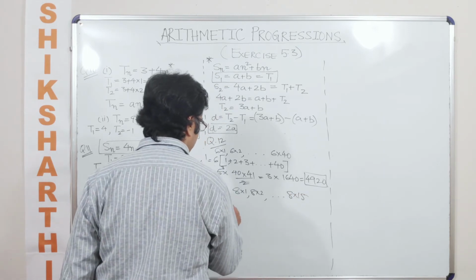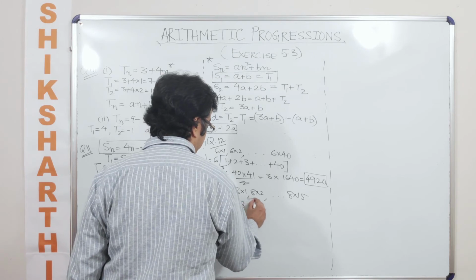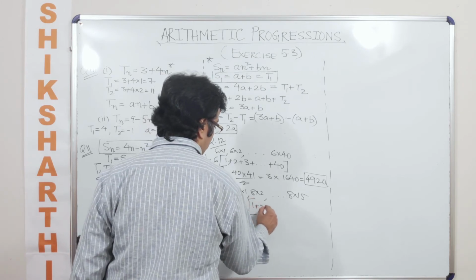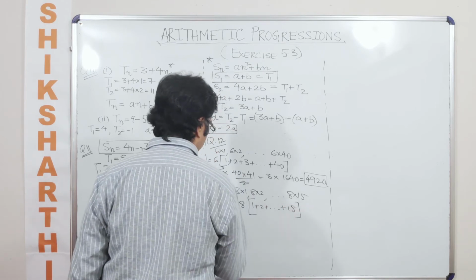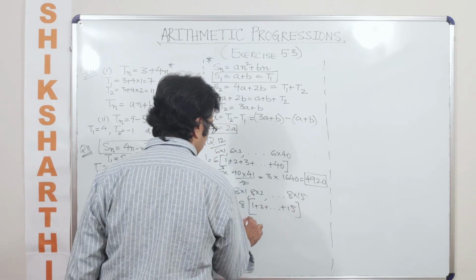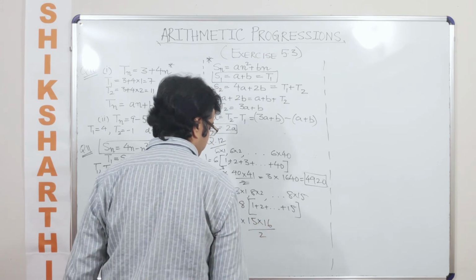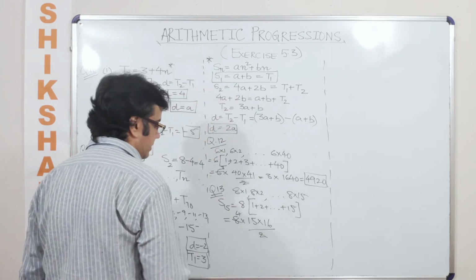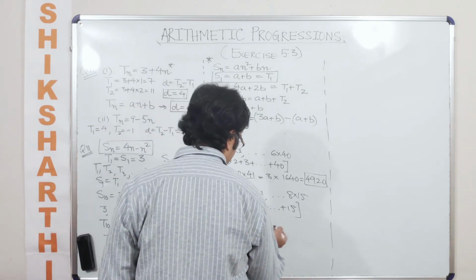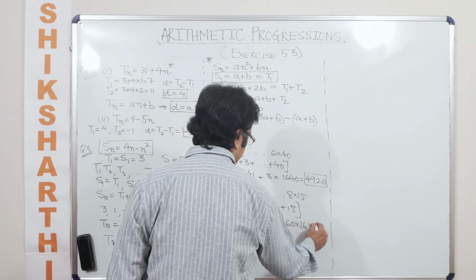Which will be 8 times of 1 plus 2 plus 3 and so on till 15. And then using the formula n into n plus 1 divided by 2, which is 60 into 16, which is 960.